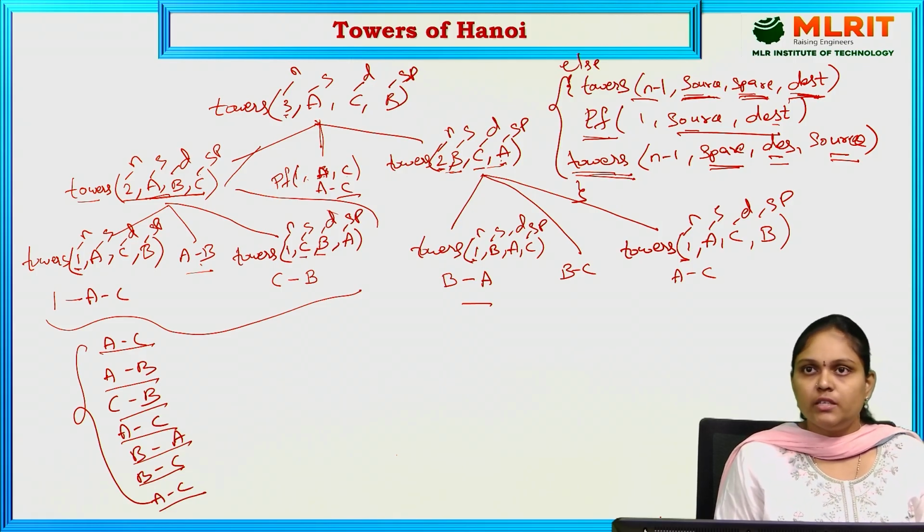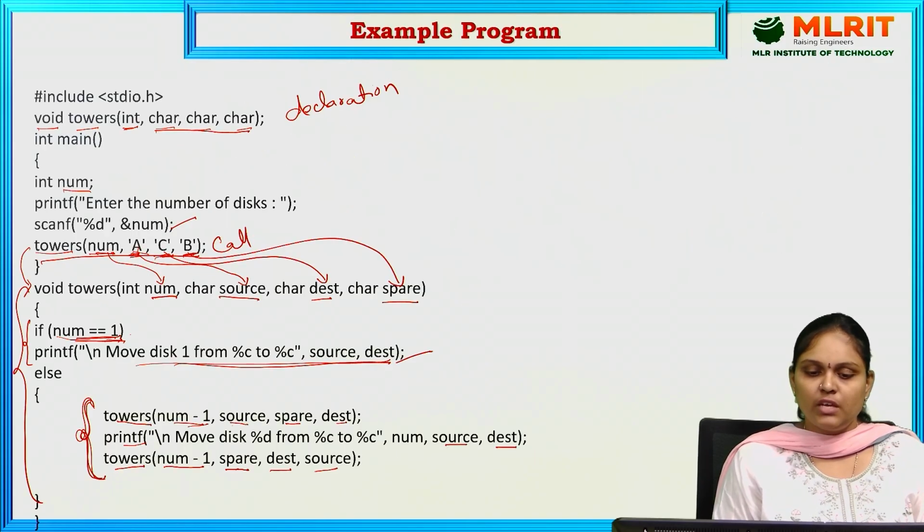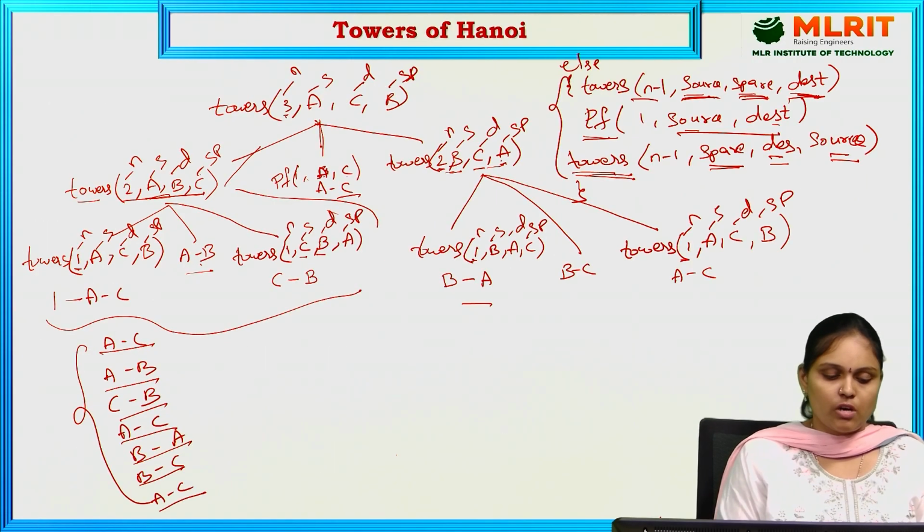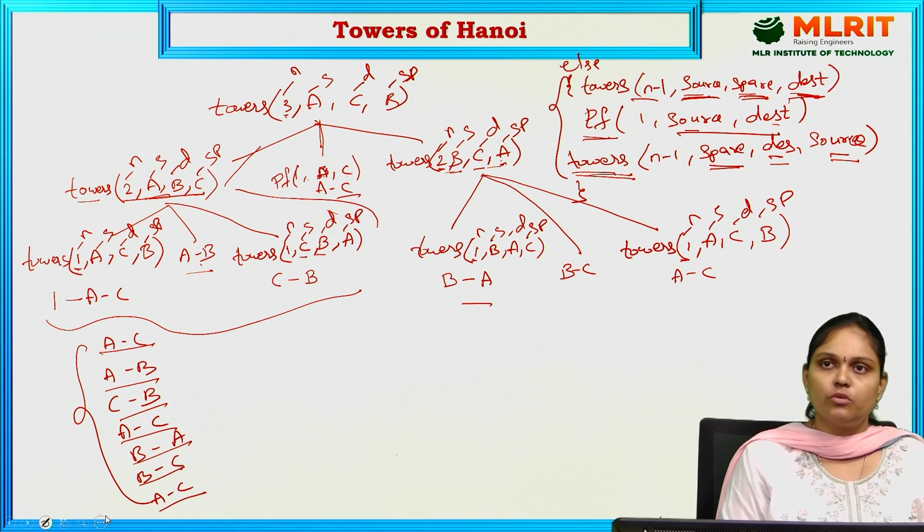So the target is to move n number of disks in the same order from source to the destination. Whatever moves we have solved in this slide, the same moves we have got by writing this code.